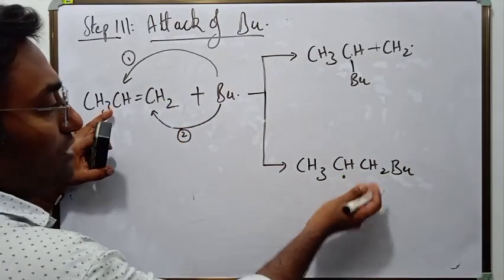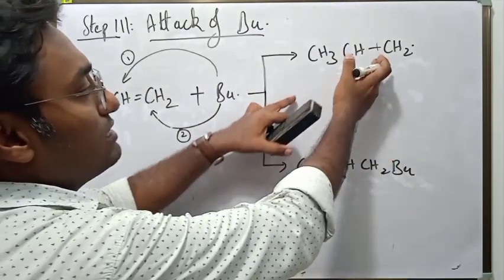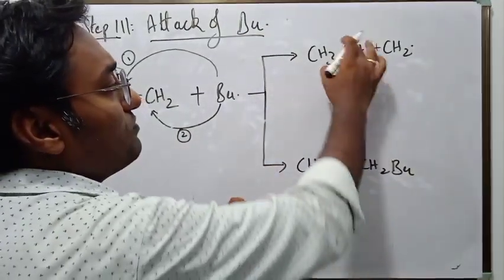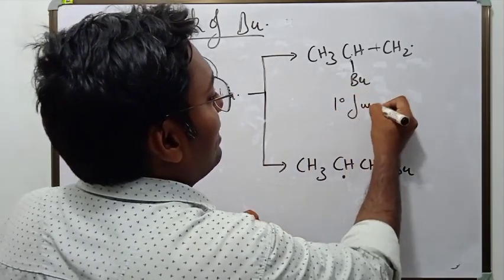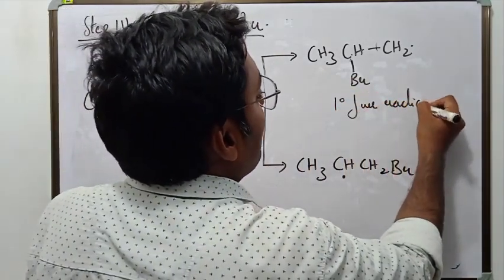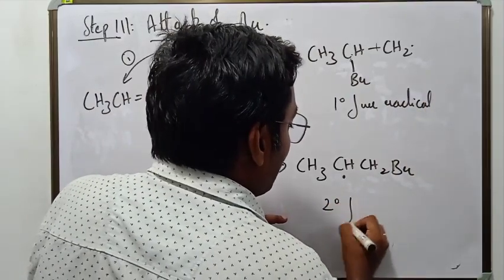So that's how we get this one, and this is how we get this one. Now what is the difference between these two? Yes, this is a primary free radical and that one is a secondary free radical.